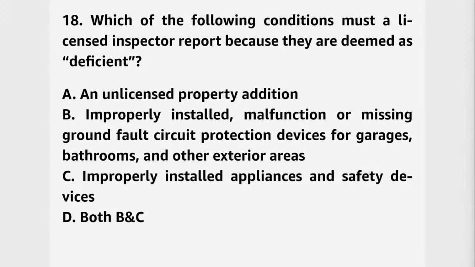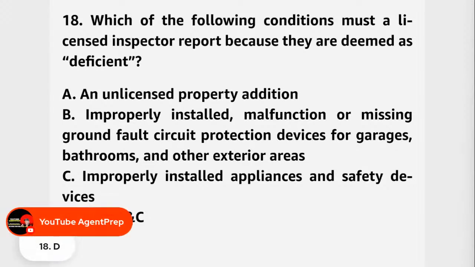The answer is D. Both B and C, improperly installed, malfunctioning, or missing ground fault circuit devices, okay, GFCIs, and improperly installed appliances. So let's see, other deficiencies are malfunctioning carbon monoxide alarms, fire safety features, smoke alarms, and lack of electrical bonding, ground and bonding on gas piping.